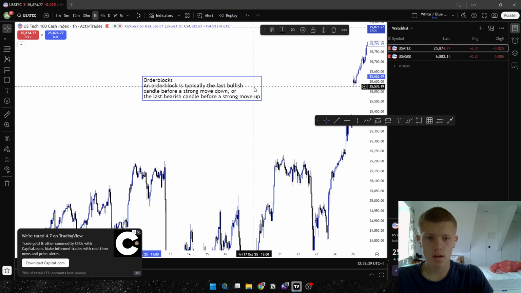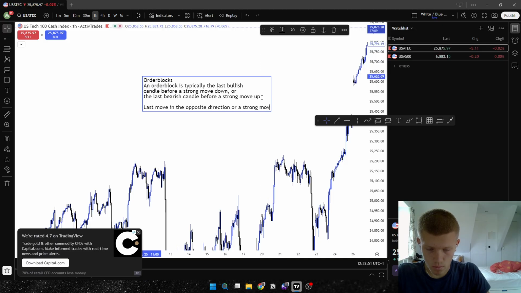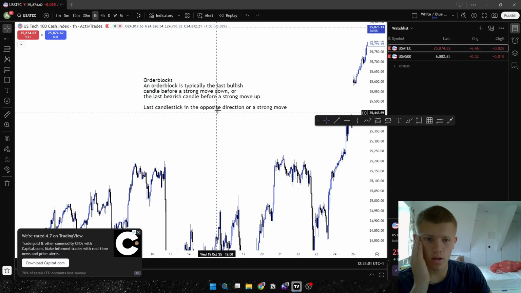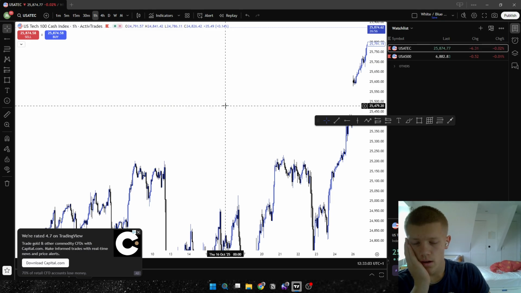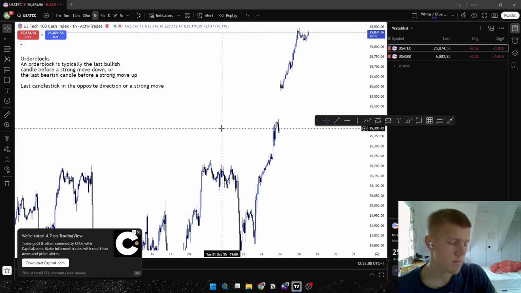So basically, it is the last move in the opposite direction of a strong move. The last candlestick, actually, in the opposite direction of a strong move. We'll just let it be on here, and I don't really want to confuse you guys much more on that.